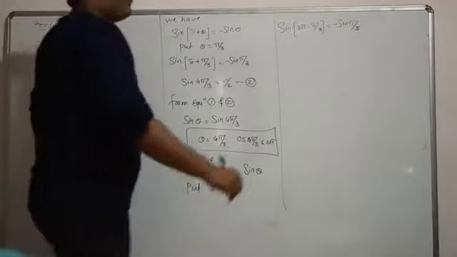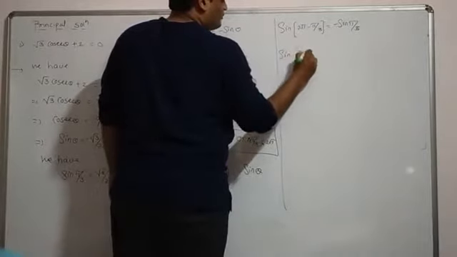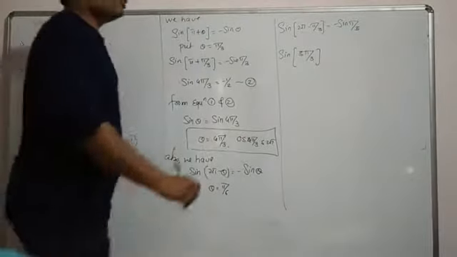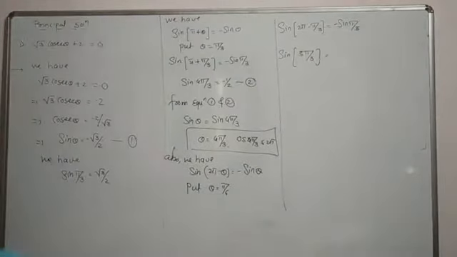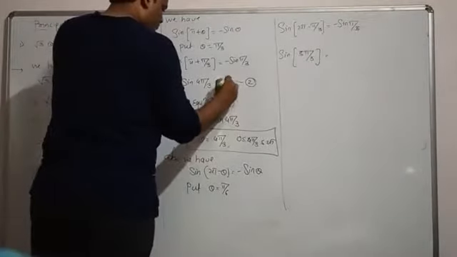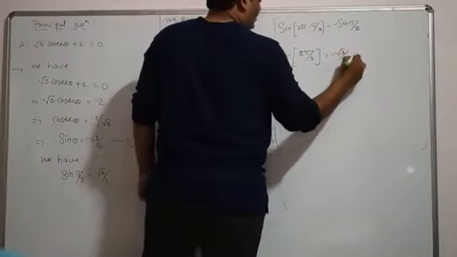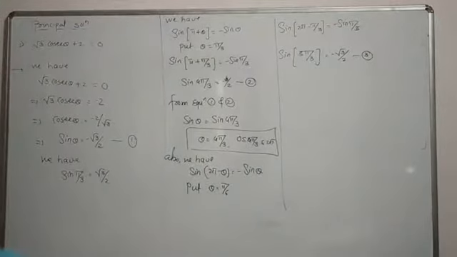So what is 2 pi minus pi by 3? You have sine of 6 minus 1, 5 pi by 3 is equal to minus root 3 by 2 over here. I'll call this as equation number 3. So if you compare equation 1 and 3, the RHS are the same.